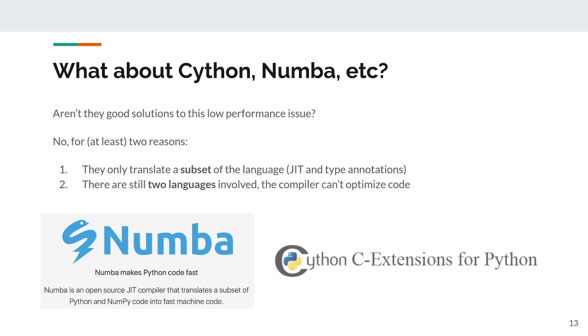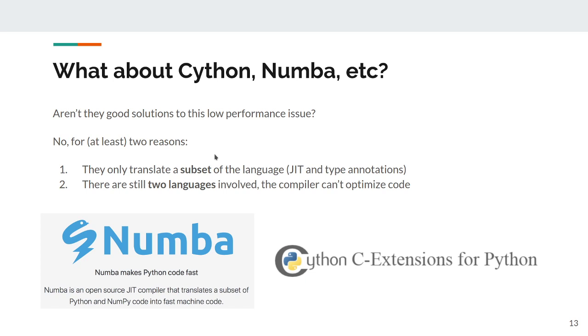So some solutions in the Python community were proposed, like Cython, Numba, and similar projects. They are solutions that address partially the issue of low performance. Why do they not address the issue fully? There are at least two reasons. First, they only translate a subset of the language.